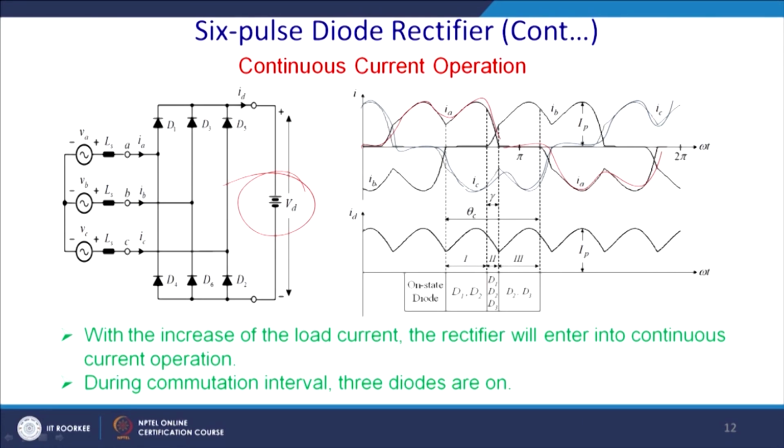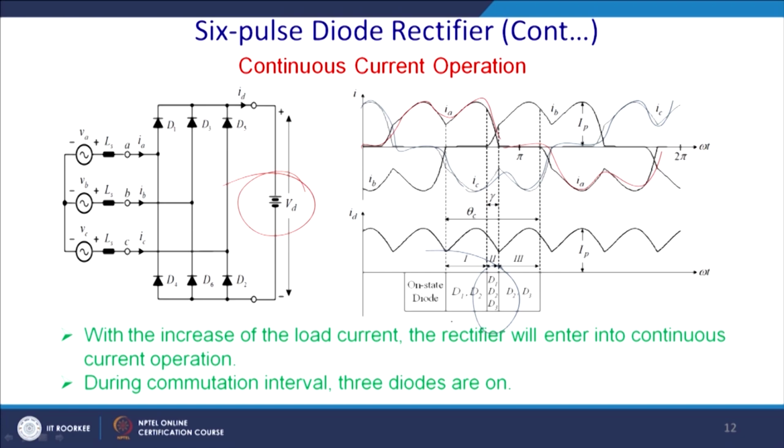So, ultimately this will be the current profile and its THD is equally bad. This is the overlapping region where 3 devices conduct. So, D1, D2, D3. D1 and D3 for the upper leg and D3 from the lower leg.